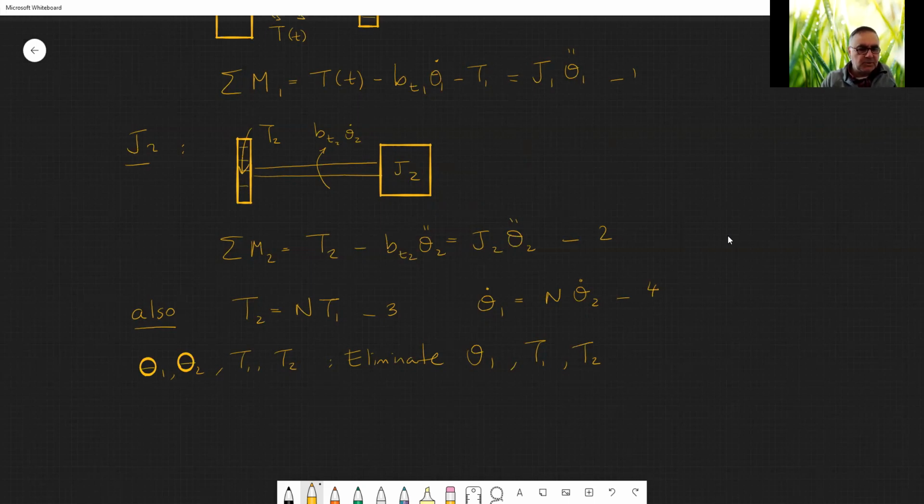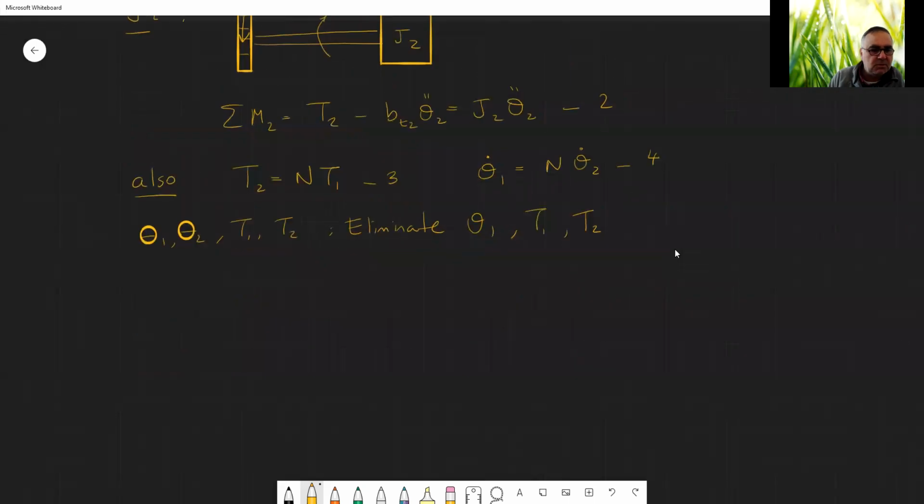So we have four equations. Using those four equations, we can eliminate three variables. It's not too difficult to do that. But to do that, we need to Laplace transform our equations, or replace d by dt with s.